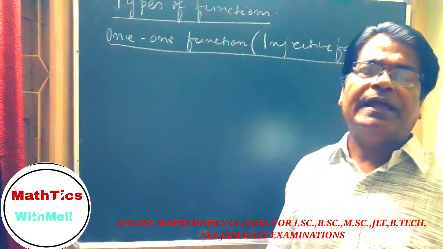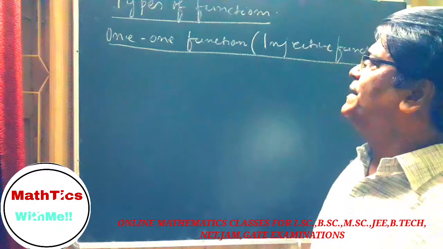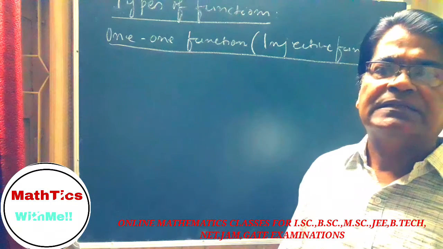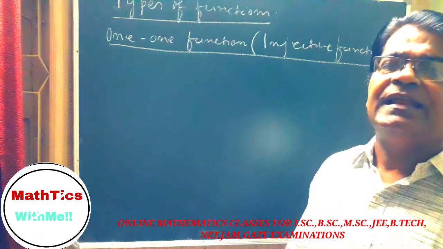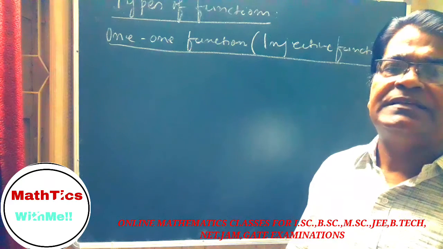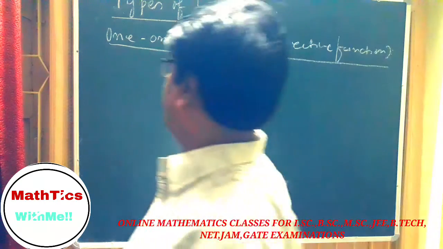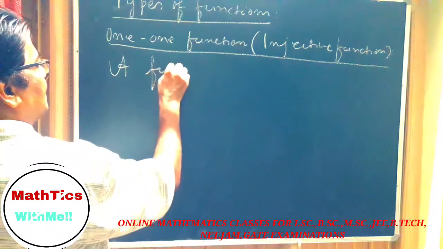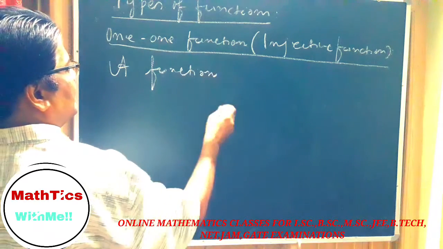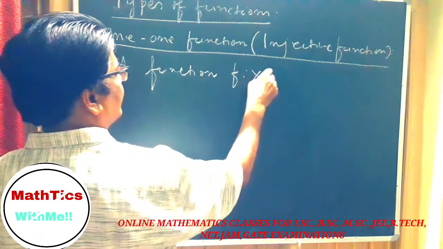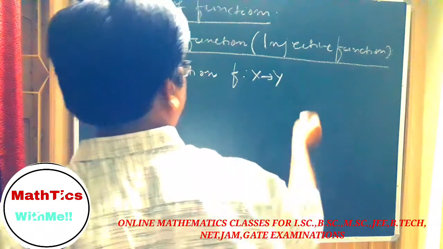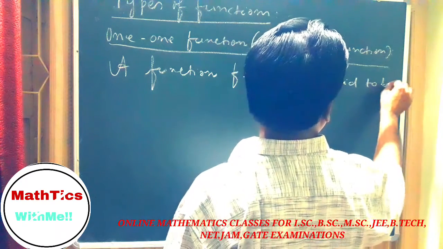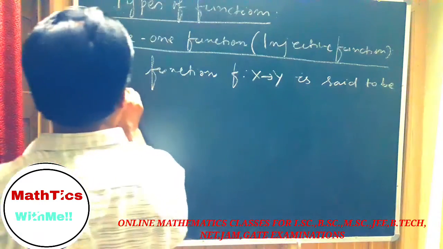A function f from x to y is said to be injective or one-one function if distinct elements of a set X have distinct images in a set Y. A function f maps X to Y is said to be one-one function.